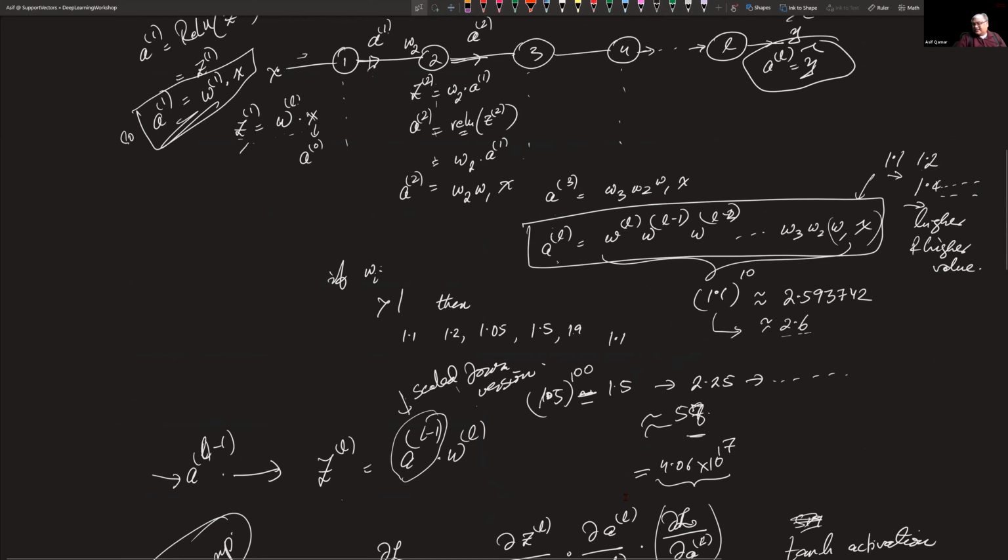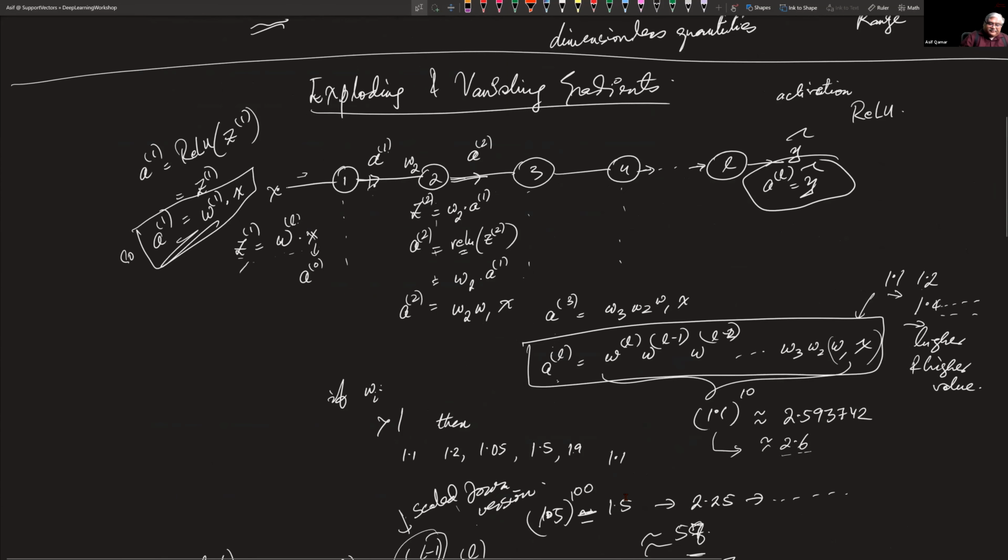But see, conversely, the other is also true. When we look at this product of these weights, which you can roughly think of as some averaged weight value to the power L, effectively this activation. Now when you take the power L, if the averaged weight is smaller than 1, let us say that it is 0.9, and let's say you have 100 layers, forget 100 layers, just 10 layers, what is 0.9 to the power 10?